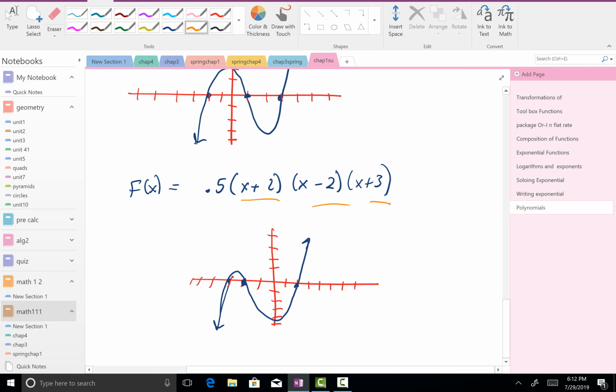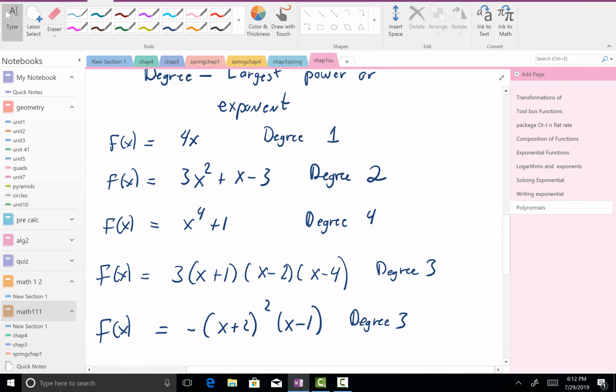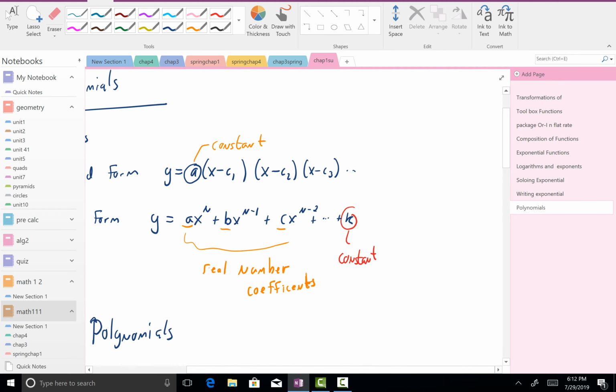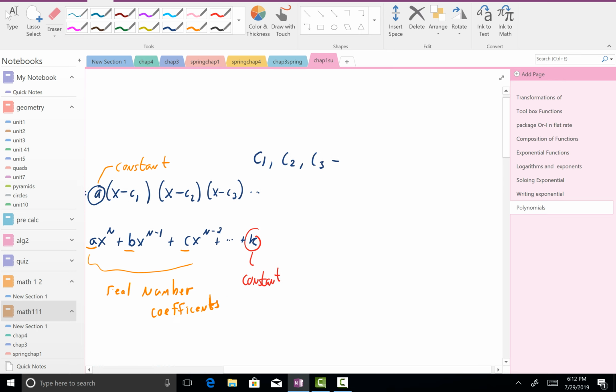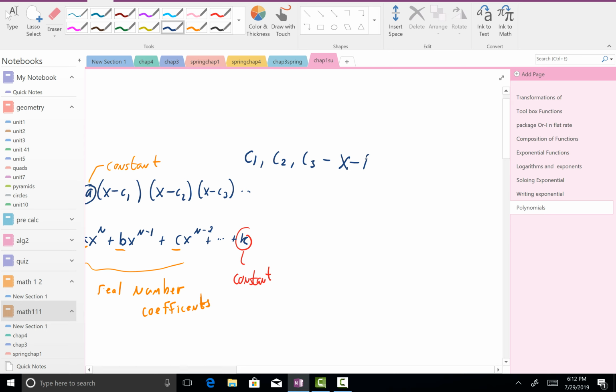All right. So remember I said we were going to go back. So if we go way up here to the top, and I'll come back down. These C's, these are your roots or x-intercepts. So C1, C2, and C3 are the x-intercepts of the polynomial.